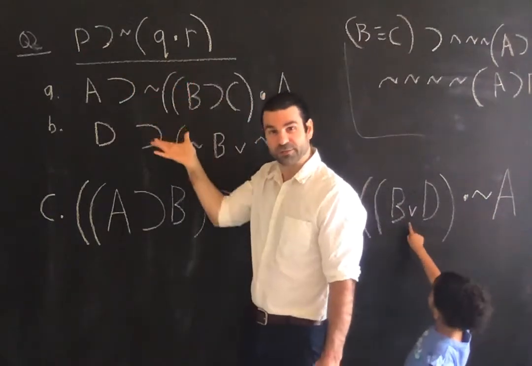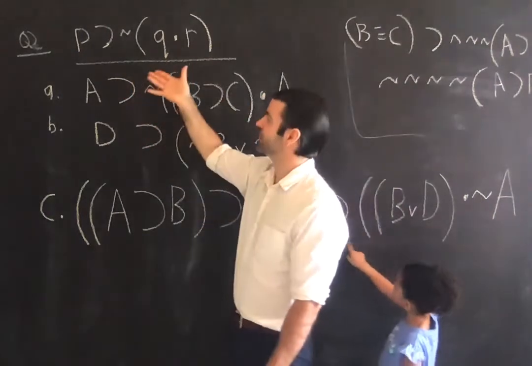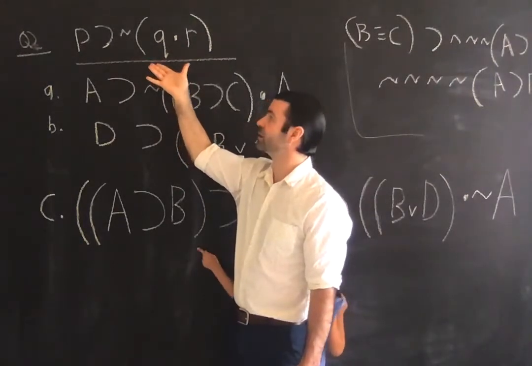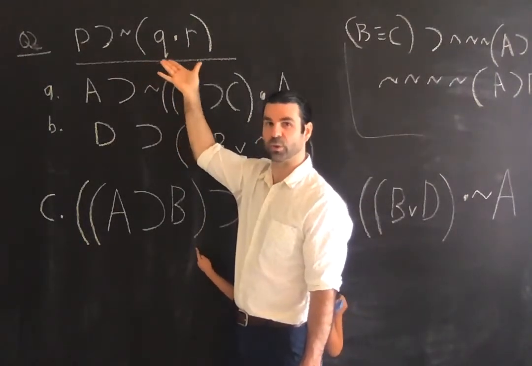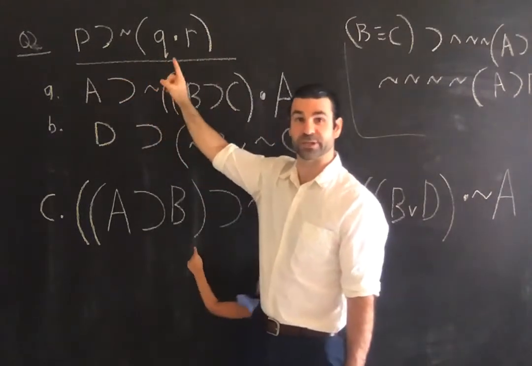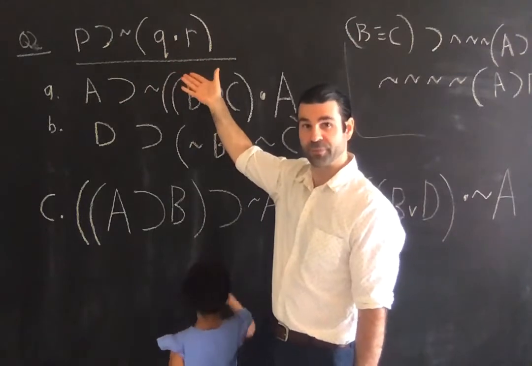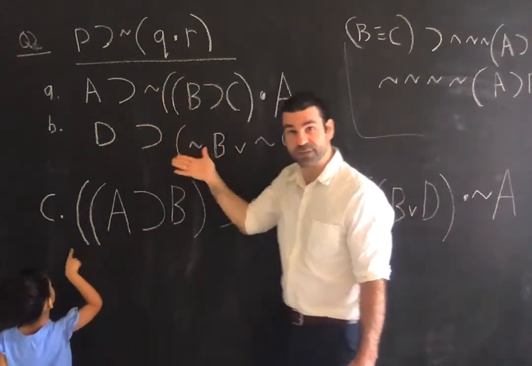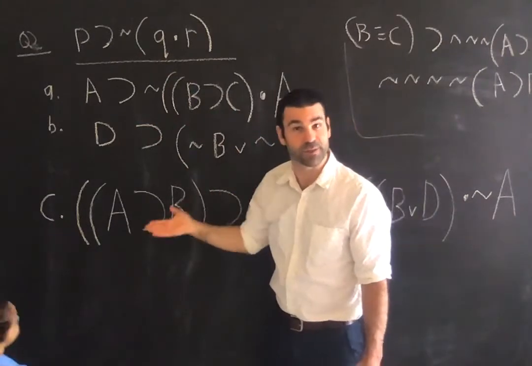So you ask of each, it's this simple: what is the form? A conditional where the consequent is a negated conjunction. That's the form.